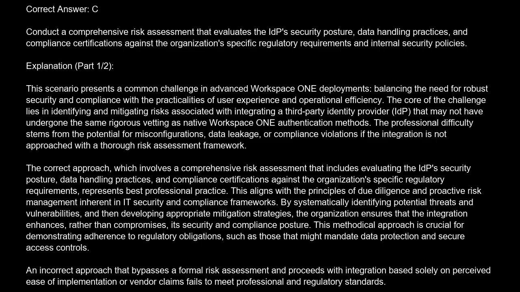The correct approach, which involves a comprehensive risk assessment that includes evaluating the IDP's security posture, data handling practices, and compliance certifications against the organization's specific regulatory requirements, represents best professional practice. This aligns with the principles of due diligence and proactive risk management inherent in IT security and compliance frameworks.